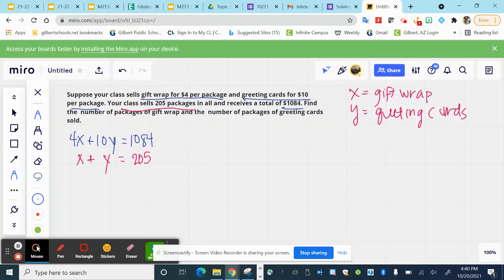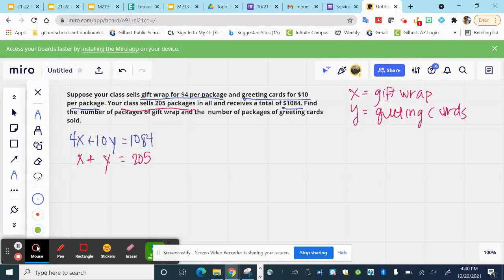Okay, so you'll see that both of these equations are in standard form. And when they're both in standard form, where you don't have a variable that's isolated, the easiest way to solve it is going to be using elimination. Elimination is when you add the two equations together and you cancel out or eliminate one of the variables.